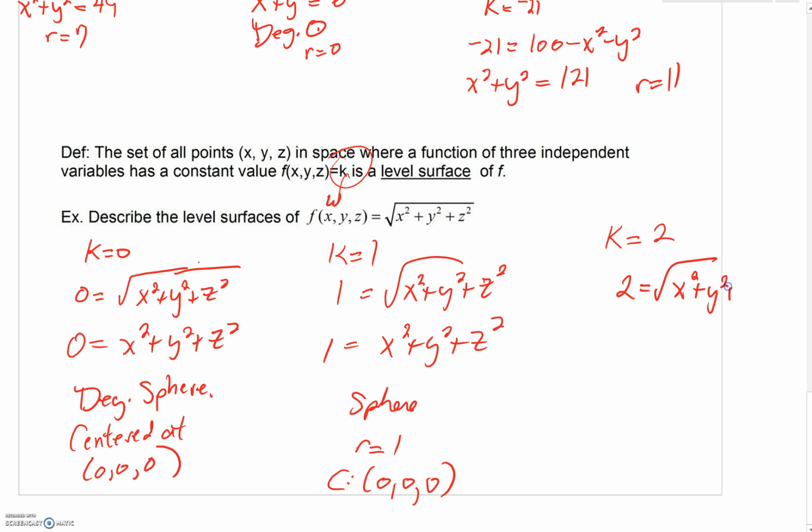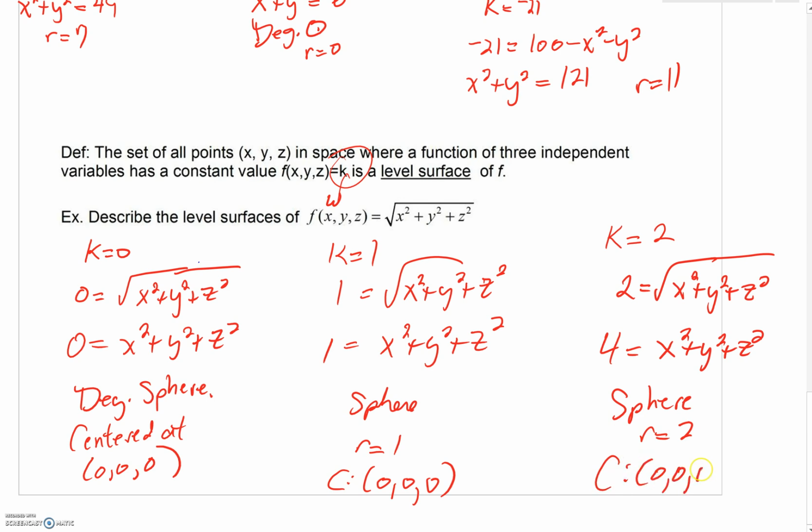X squared plus y squared plus z squared is equal to 2 inside the square root. Square both sides, and you can see that we've got a sphere, we've got a radius of 2, and our center would be 0, 0, 0. So that's where a level surface can help us graph into the 4th dimension, or at least begin to imagine what such a function could look like.